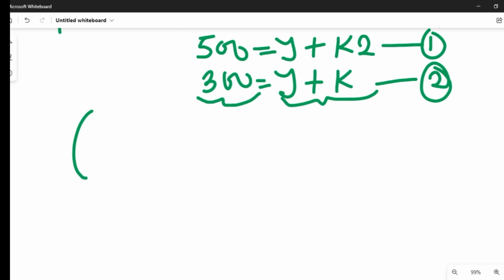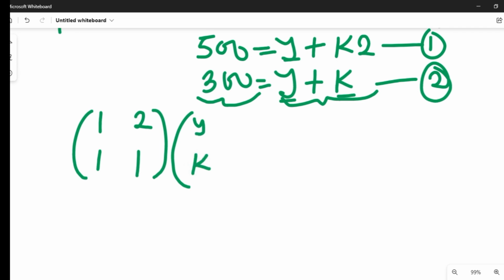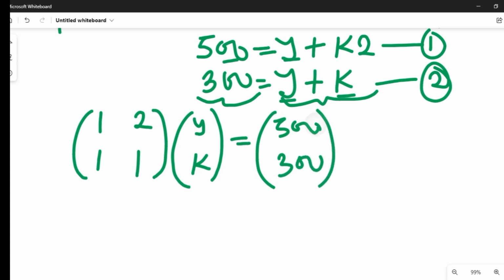So here we have 1, and over here we have 2, and here we have 1, and here we have 1. This will be multiplied by the variables y and k, and this will be equal to the constants 500 and 300.